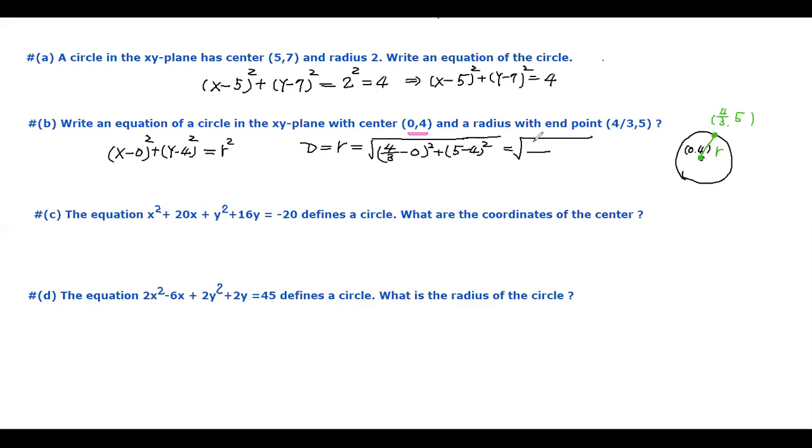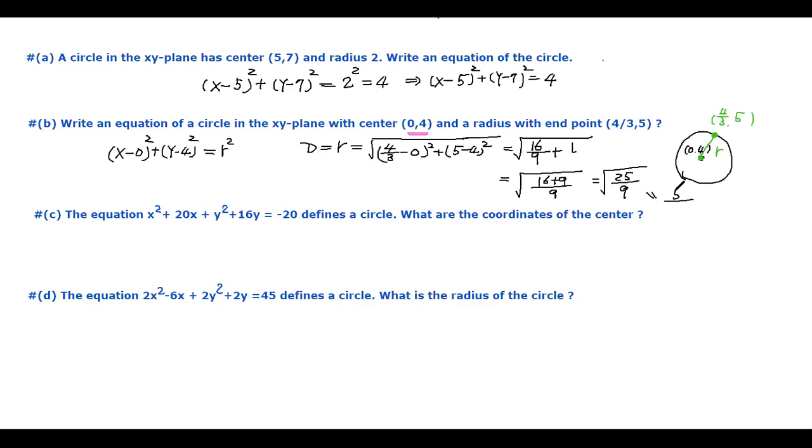Squared will be 16 over 9. 5 minus 4 is 1, and 1 squared is 1. So this will give you 16 plus 9 over 9. Find the common denominator, move the 1 up. So this is going to be 25 over 9. Oh, that's pretty nice looking.